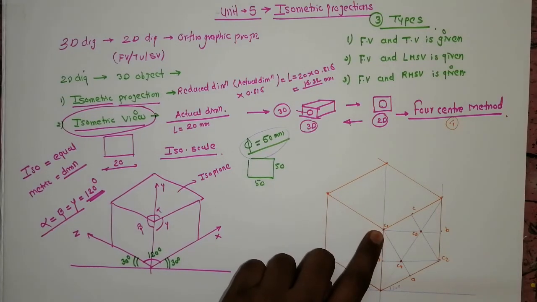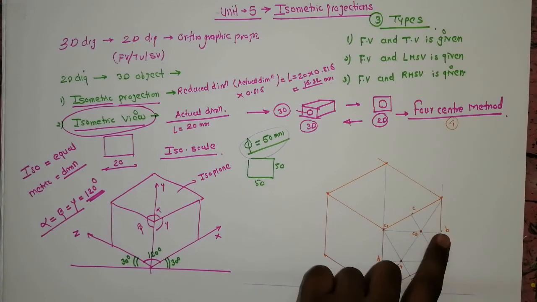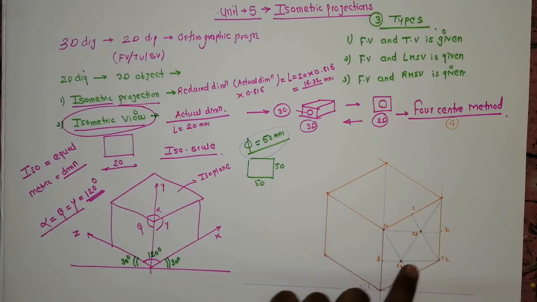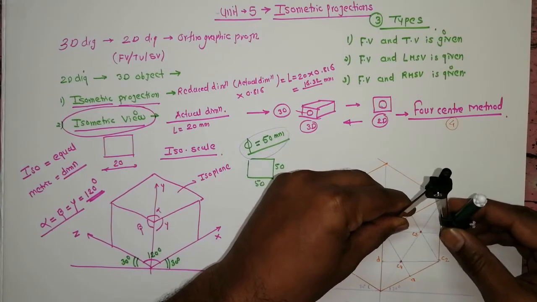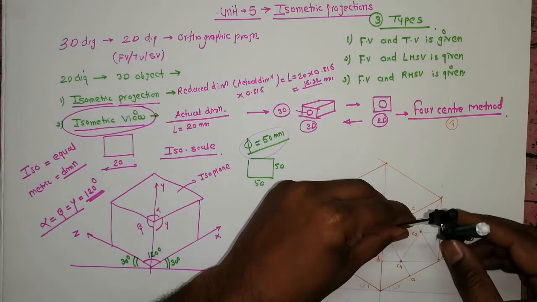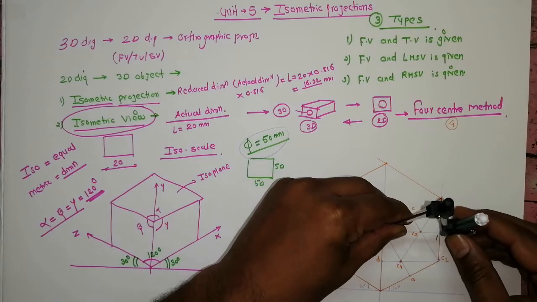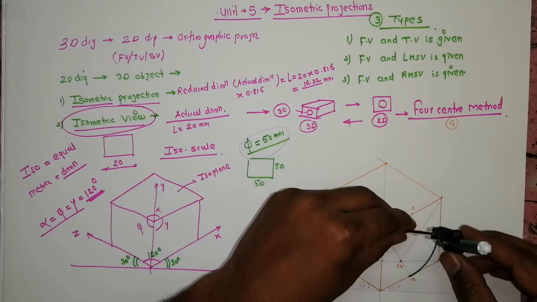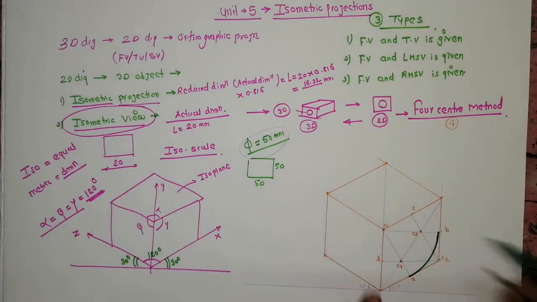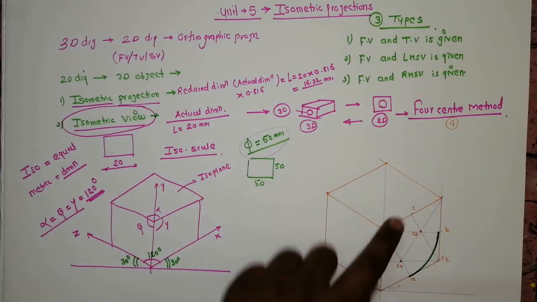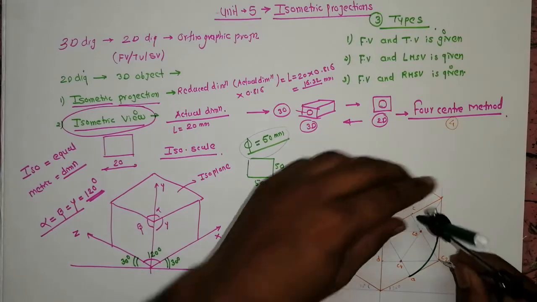Take C1 as center, C1A or C1B as radius, and draw an arc between A and B. Similarly, C2 as center, C2C or C2D as radius, and draw an arc between C and D.